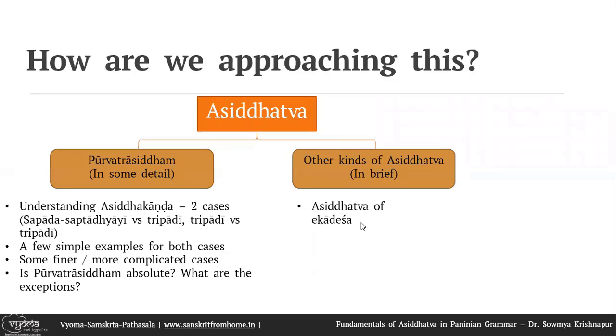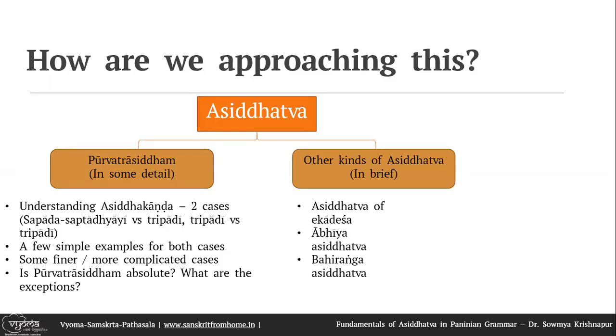In the other kinds of Asiddhatva, we will see the Ekadesha Asiddhatva. There is a sutra called Shatvatukor Asiddha. We will see that in brief. Also the Abhiya Asiddhatva, Asiddhavadatrabhat is another one.